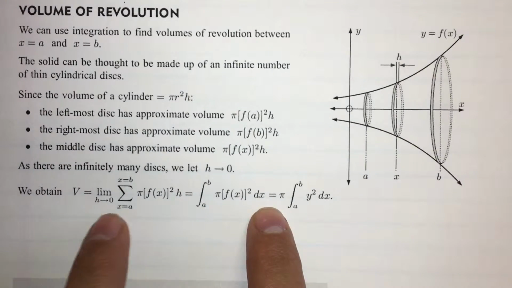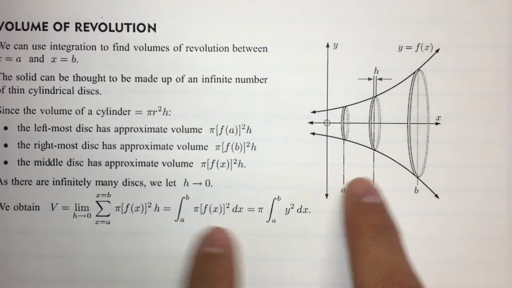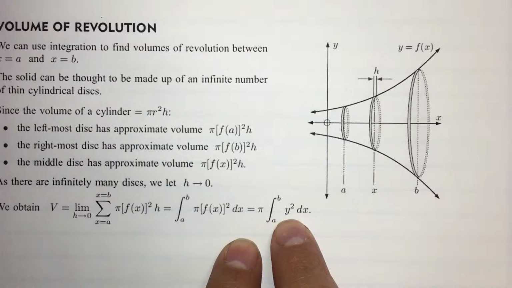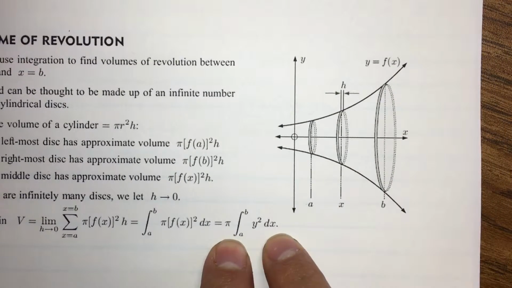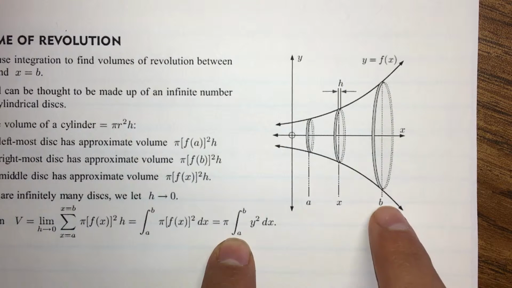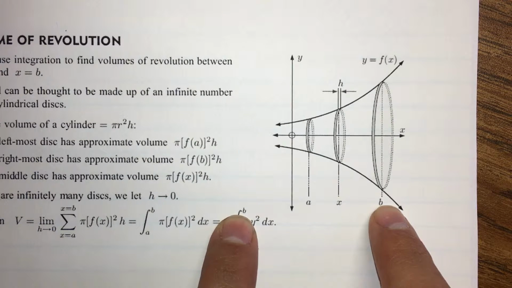So just to take a look at this terminology, this is going to be read as pi times the integral from a to b of y squared. And to break this down, your bounds of integration are a to b. That's the starting and the stopping point of the volume of revolution.